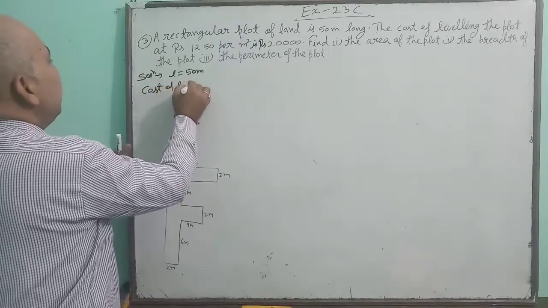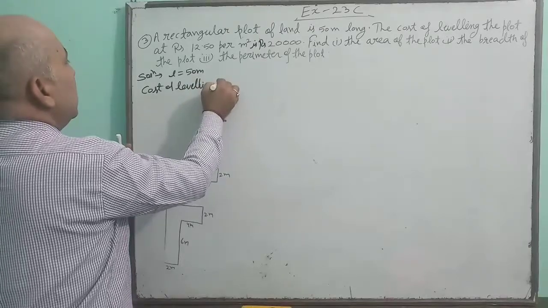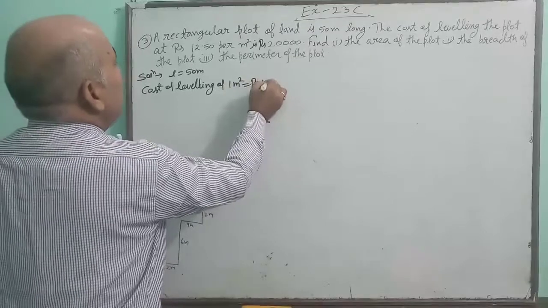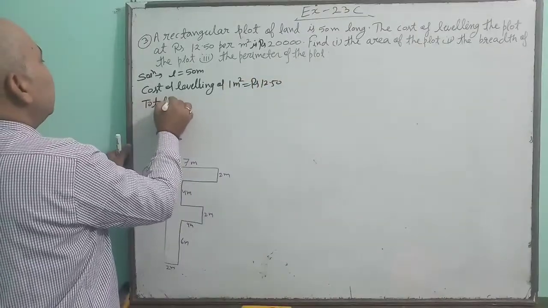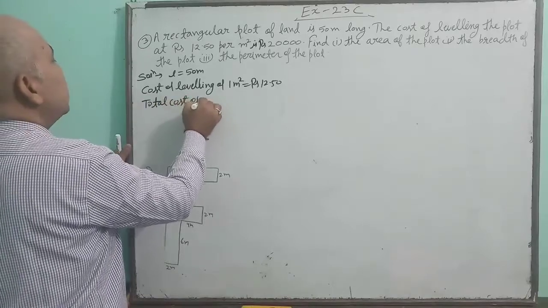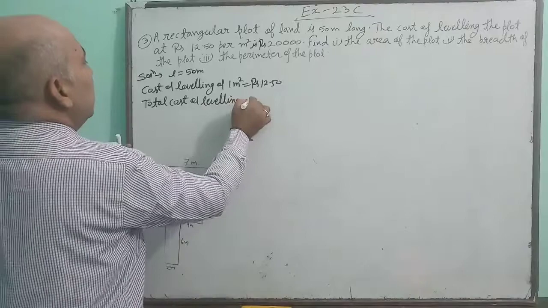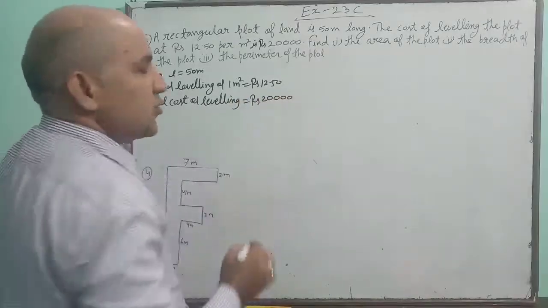See this. The cost of leveling the plot at rupees 12.50 per meter square. Children, cost of leveling of 1 meter square is rupees 12.50 and total cost of leveling is given 20,000.